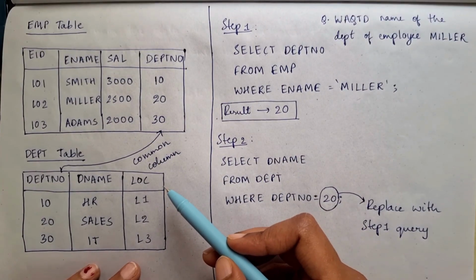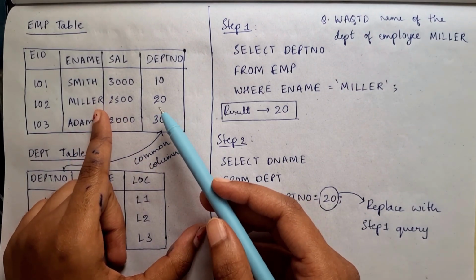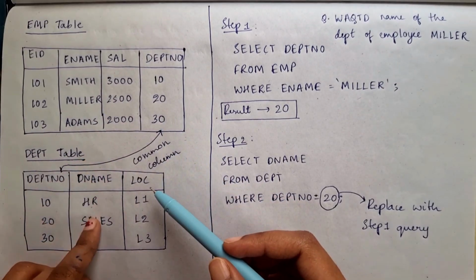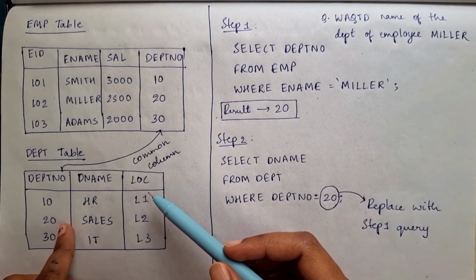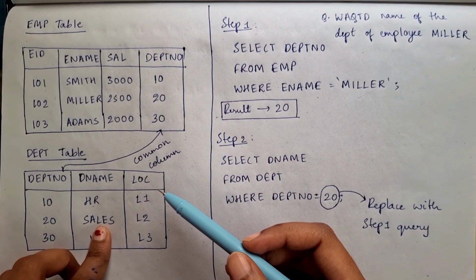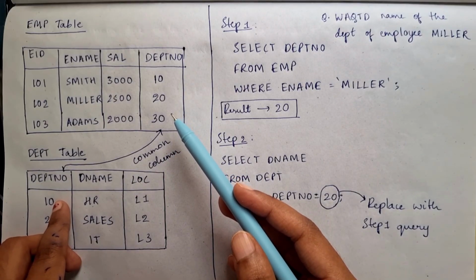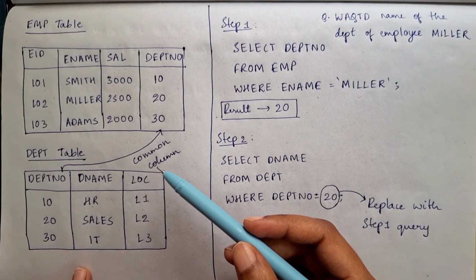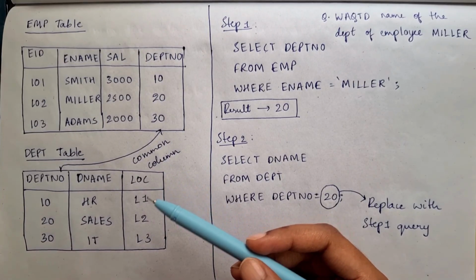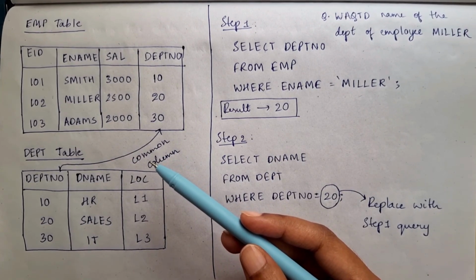For example, if we look at the EMP table, we can see that Miller has department 20. Now, if we go to the department table and look for department 20, we can see that the department name is sales. So, using this common column, that is department number, we can connect employee information with department information. And whenever a question requires information from both of these tables, that is where we have to use subqueries.